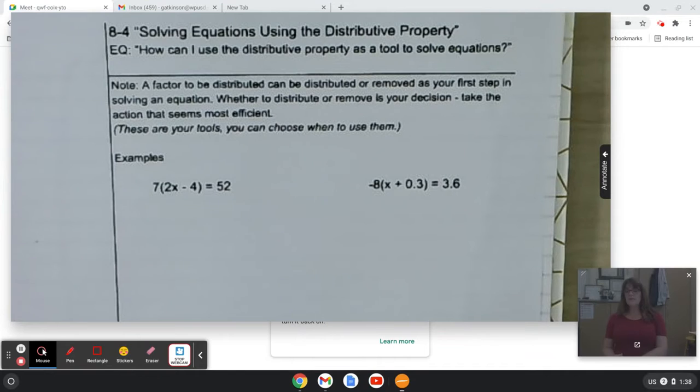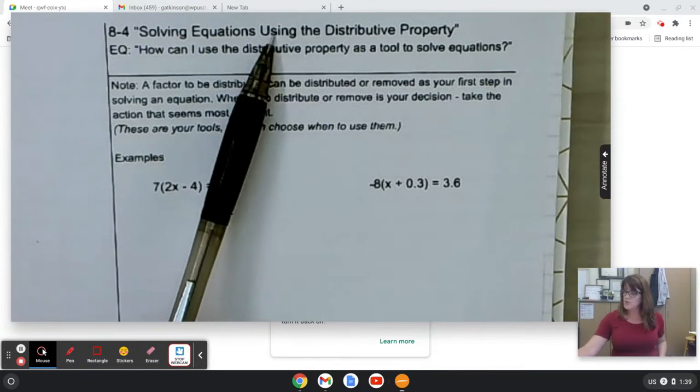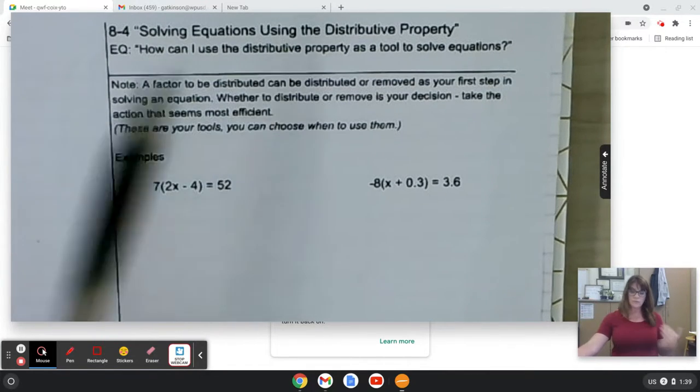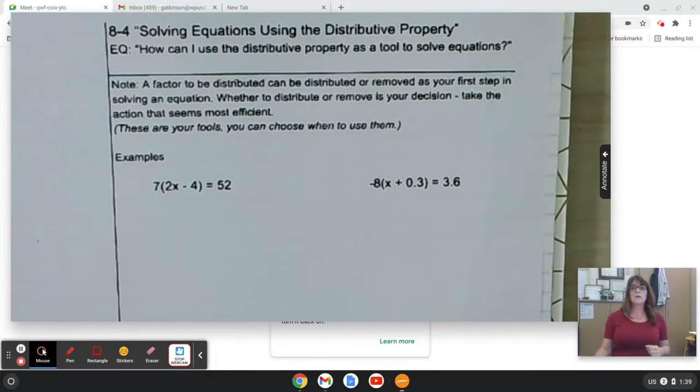This is our last official lesson, I guess, of solving equations for this year. So we're going to focus today on using the tool of distributive property to solve equations.